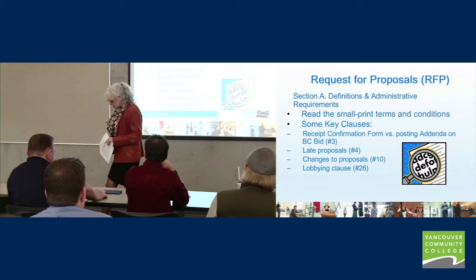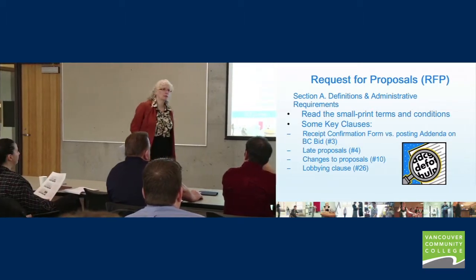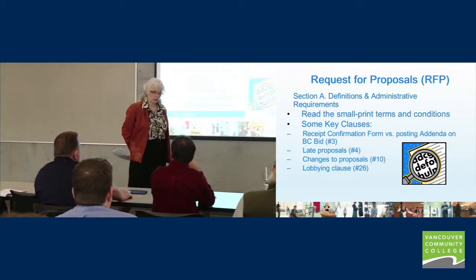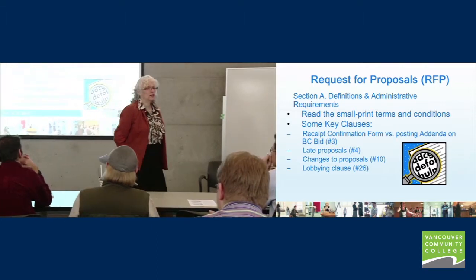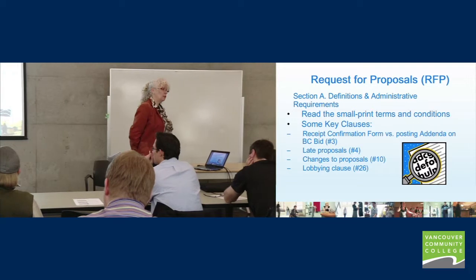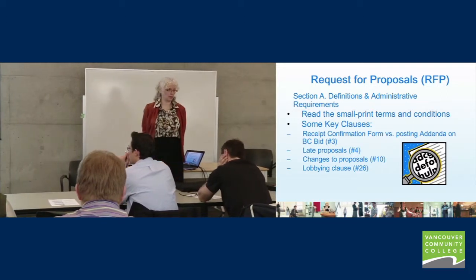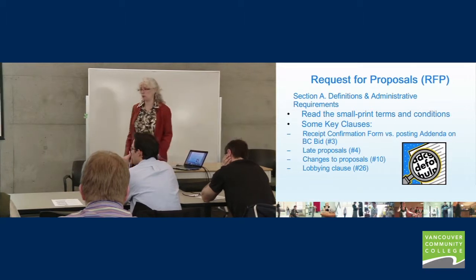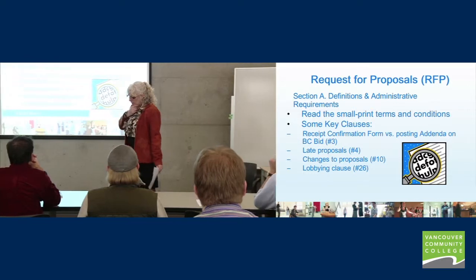So what we did in those days is that we had this receipt confirmation form that said that you could download the RFP off the website, and if you wanted to receive any of the addenda, you had to fill out that form and submit it to us, and then we would send directly to everyone who filled out one of those forms any subsequent addenda, which would be the answers to questions and whatever other information we needed to give you. And it became problematic.